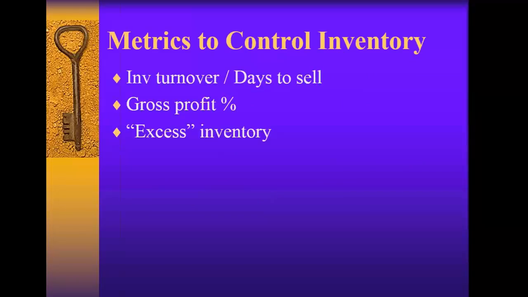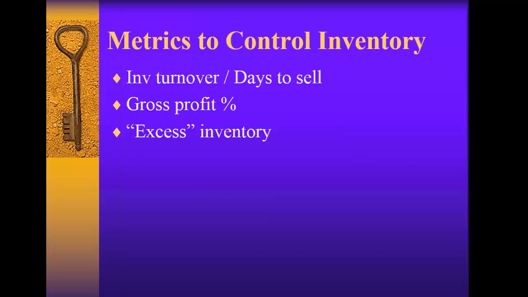Okay, so let's talk about some very specific metrics. We've got here inventory turnover, or days to sell. What we're looking at with days to sell is that we are attempting to determine our average days of the inventory that we have in stock.